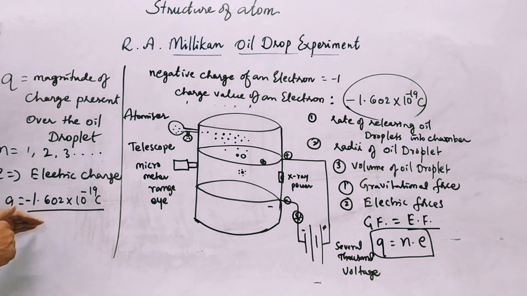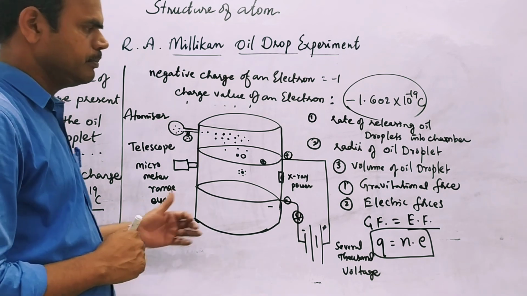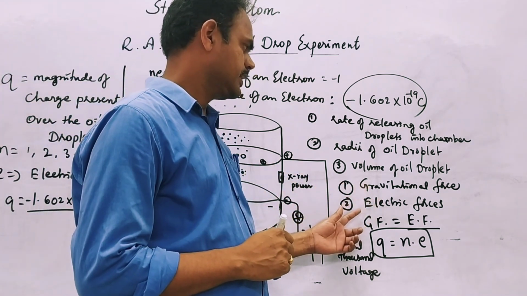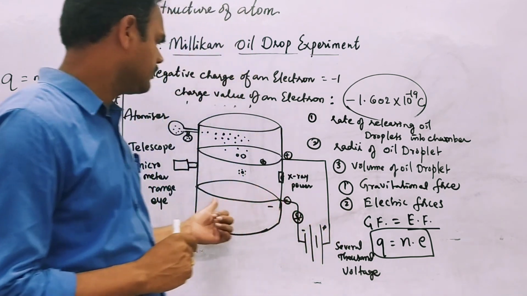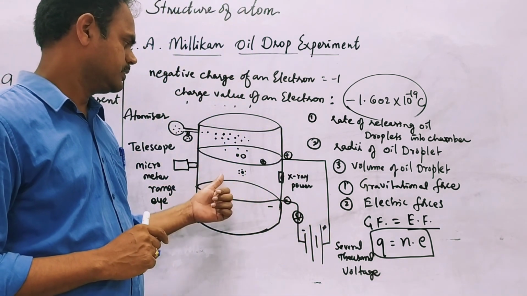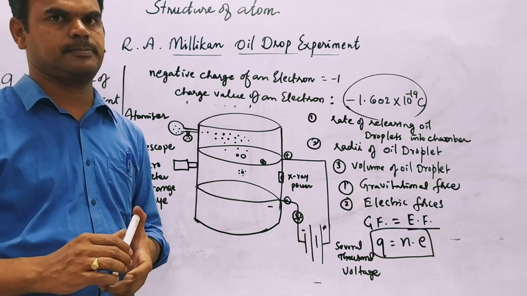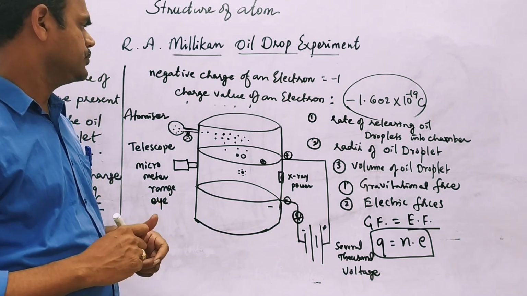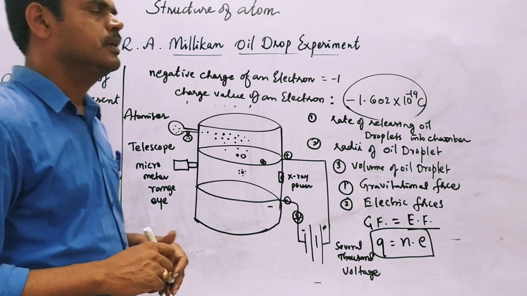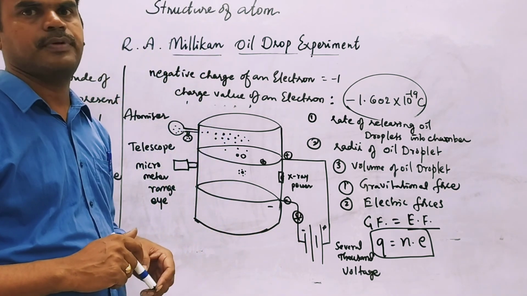So the charge Q equal to -1.602 into 10 to the power of -19 coulombs was calculated by adjusting the gravitational forces and electric forces to make the oil droplet stationary between the two electric condensers. So by using this oil drop experiment, they calculated the charge of an electron.